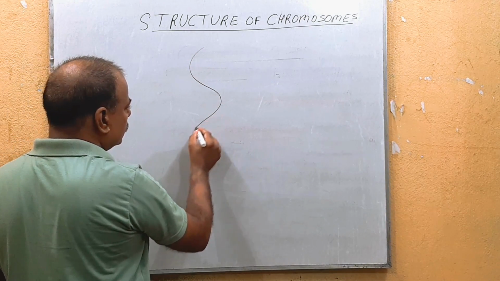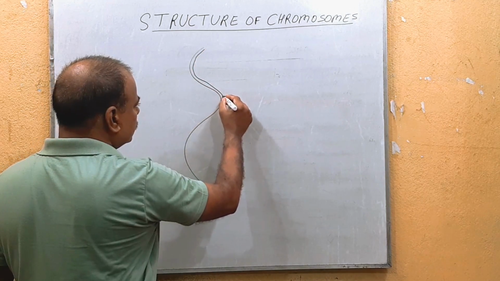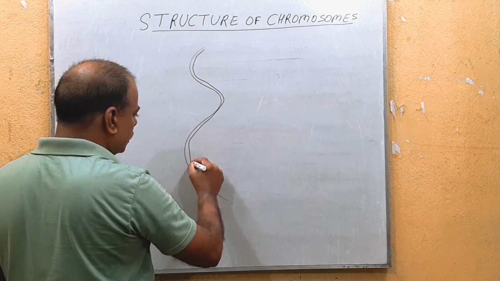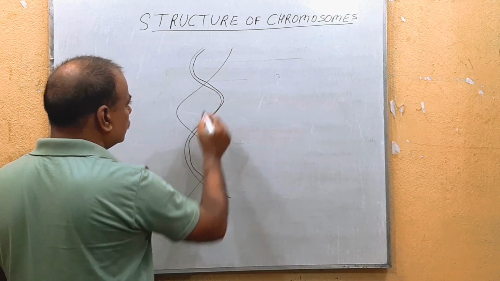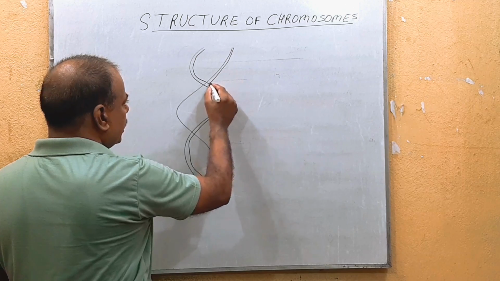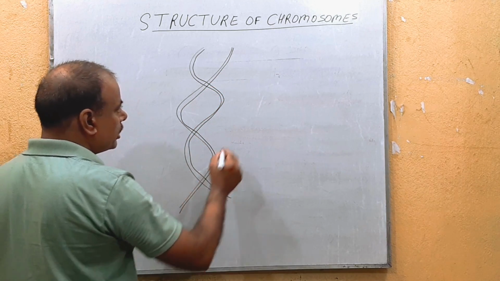Here it is a double-stranded, double helical structure of DNA which was proposed by Watson and Crick.